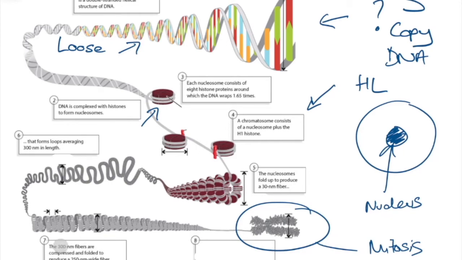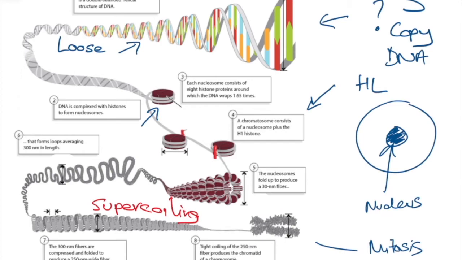And these are then compressed and folded down through supercoiling, twisting round and round and round and round. So this is the process of supercoiling DNA, until eventually we get the very condensed structure, which is in a chromosome. And so here what we're seeing, somewhere there's going to be a linking structure, a centromere, and each side is one strand of DNA.